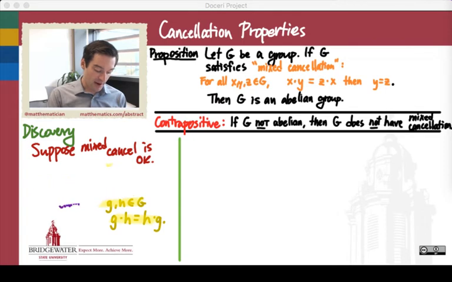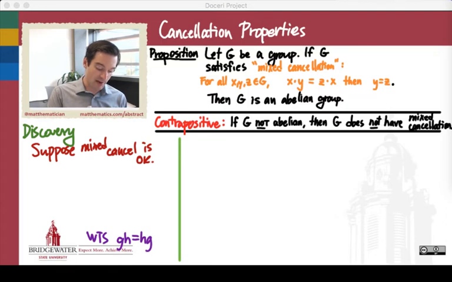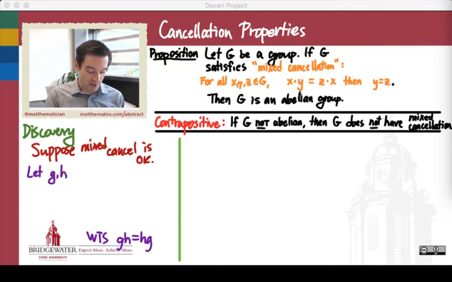I have to flip my bar napkin over. So we want to show that GH equals HG. I'm going to drop my multiplication symbols, my operation symbols, if it's okay with you. And we're assuming that mixed cancellation is okay. But since we're proving a universal claim, that means that we have to start with two elements, G and H, that are chosen at the very beginning by the whims of the universe.